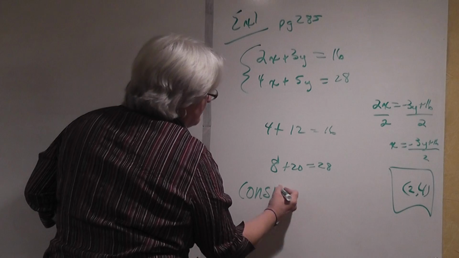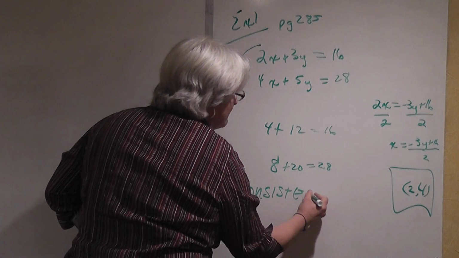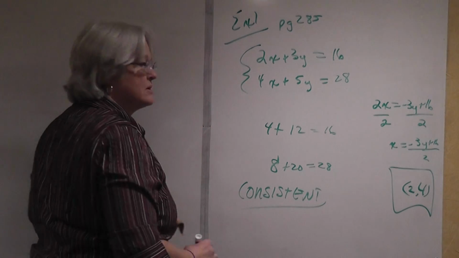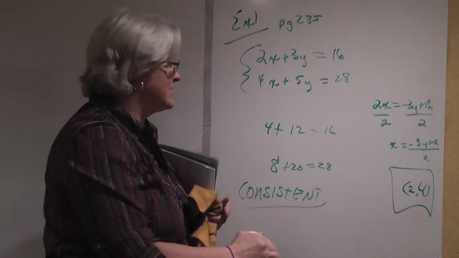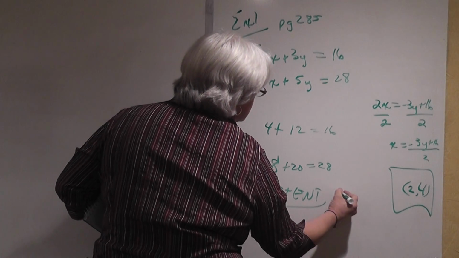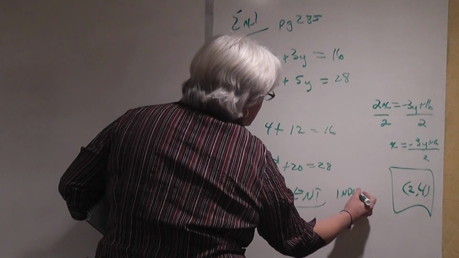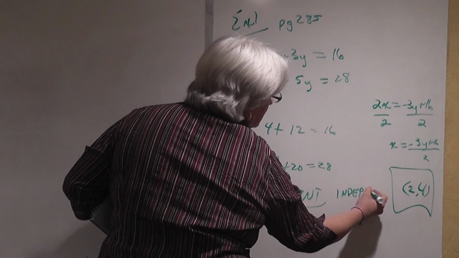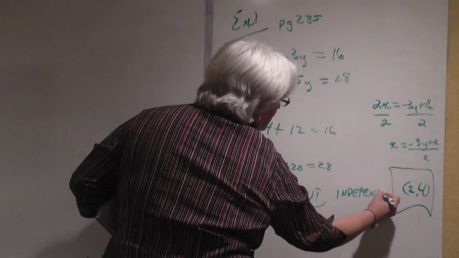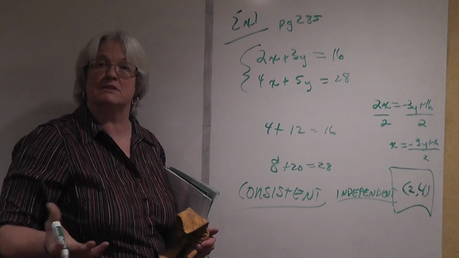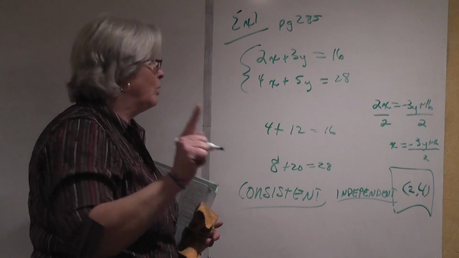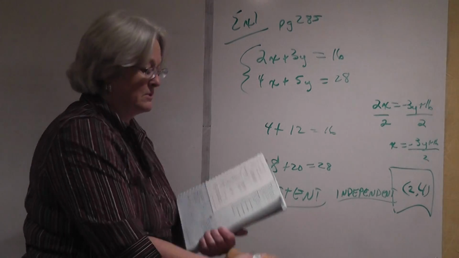Now, does it have one solution or does it have an infinite number of solutions? Well, it has a single ordered pair that tells us we have intersecting lines, so this is an independent system, just like an independent contractor works on his own. An independent system of equations has one and only one solution.